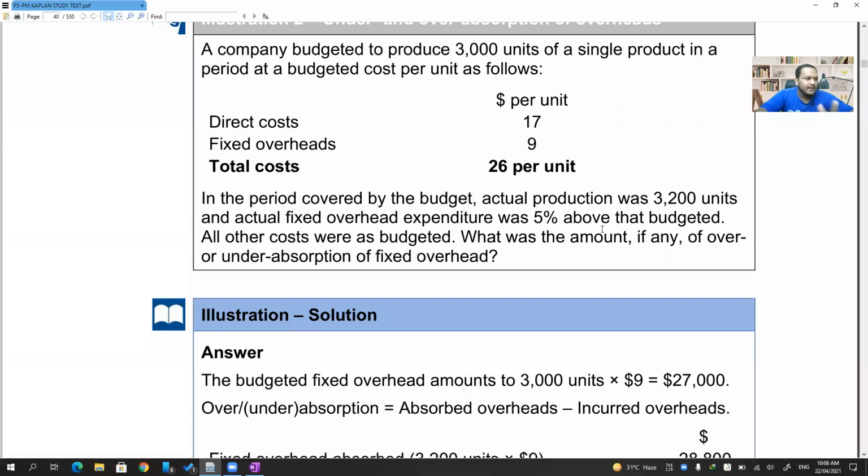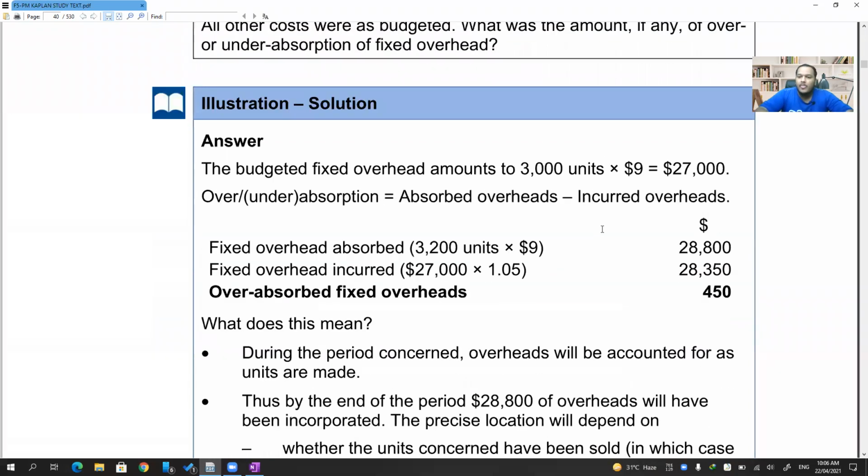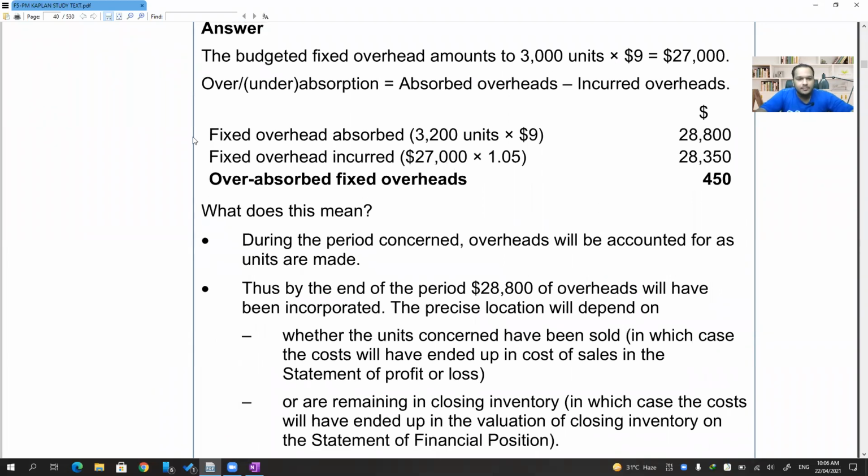The difference, 450, is the overhead over absorption, which should be credited to the company's costing P&L. Budget FOH is 3,000 into $9, 27,000. Fixed overheads absorbed are 3,200 units into $9 each, 28,800. Incurred fixed overheads are 5% above the budgeted 27,000: 27,000 into 1.05, 28,350. So 450 is the over absorption.